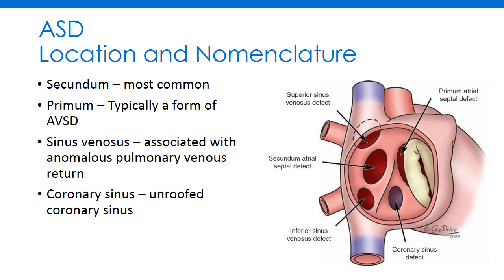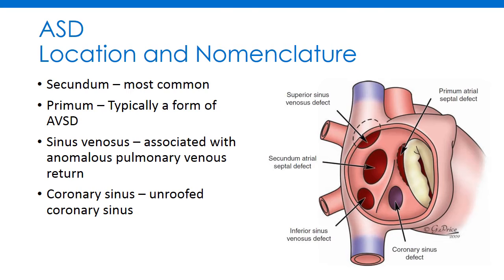And the secundum atrial septal defect is a very common one, basically right in the central location of that. There's the primum atrial septal defect, which is typically seen in AV canals, right down at the base of the heart.